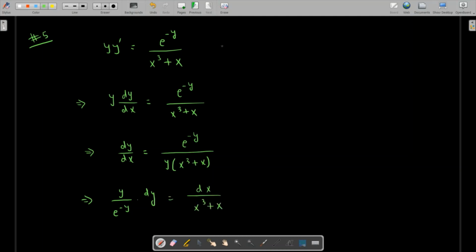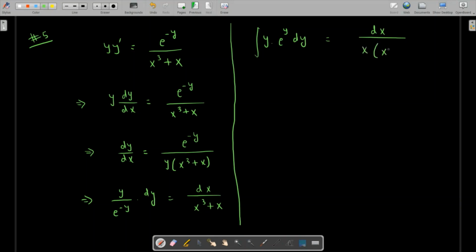Moving further, this can be written as y e^y dy, and dx over x can be taken out in this case, so we are left with x² + 1.